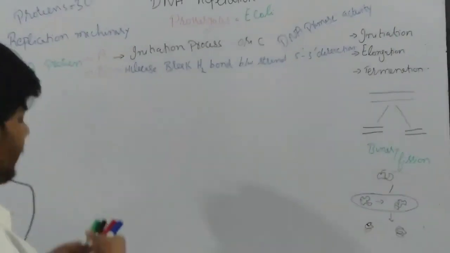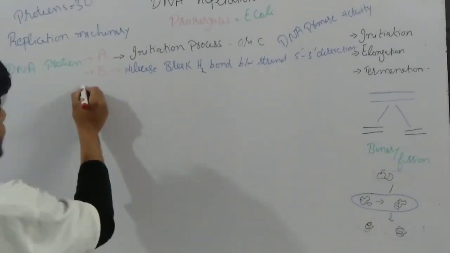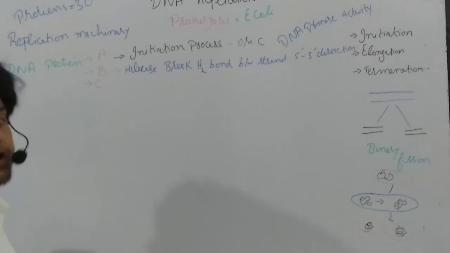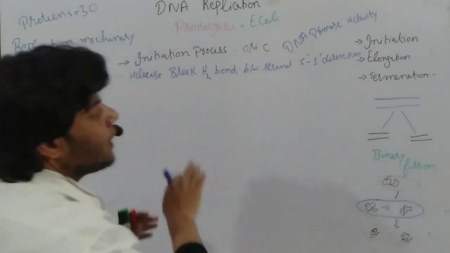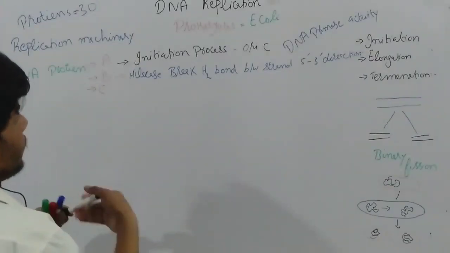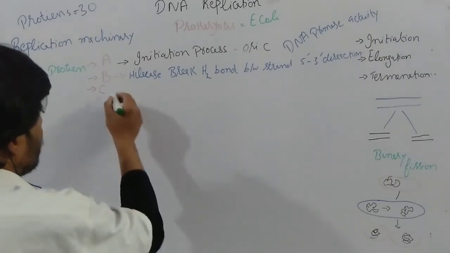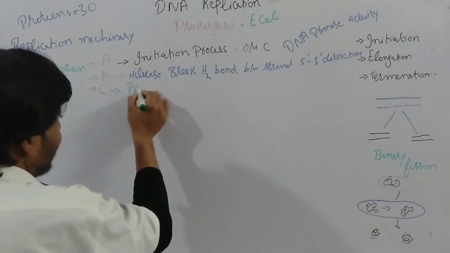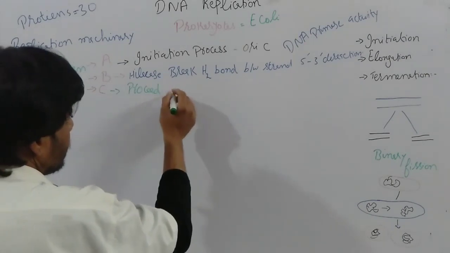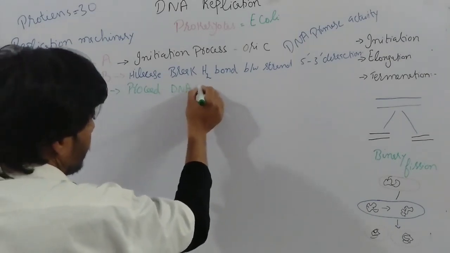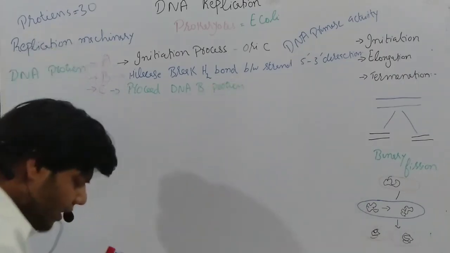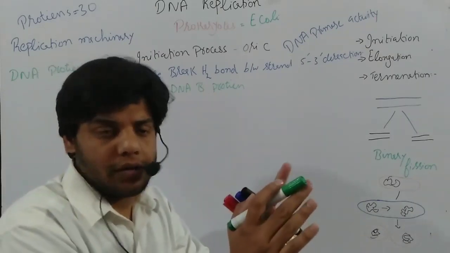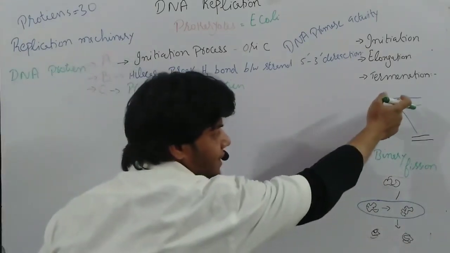Now then we have another DNA protein we call DnaC protein. Now, what is the function of DnaC protein? They are involved in proceeding the DnaB protein in 5' to 3' direction. So they direct DnaB protein. DnaB protein just binds; let's say this is the DnaB protein.